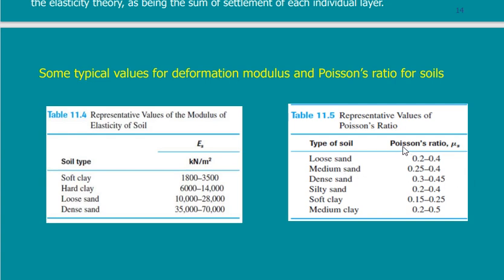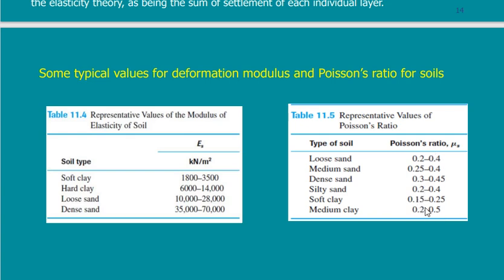Poisson's ratio is the effect of the vertical load on the horizontal direction, or the vertical stress on what will happen in the horizontal direction.